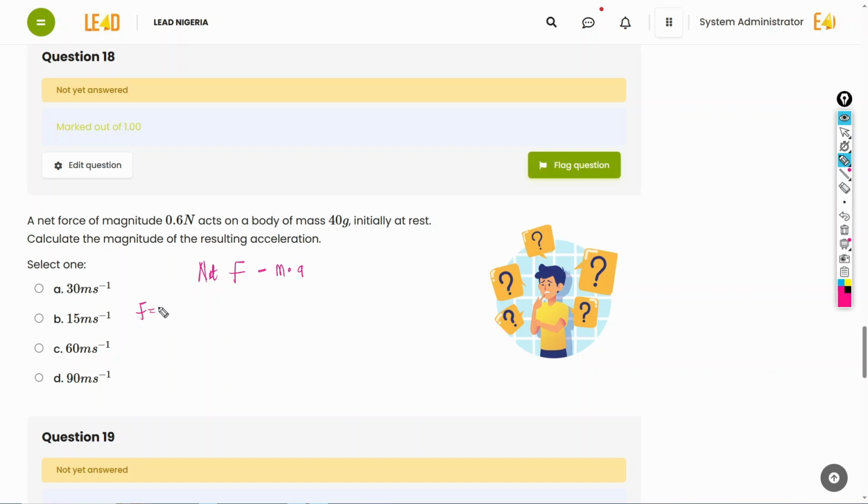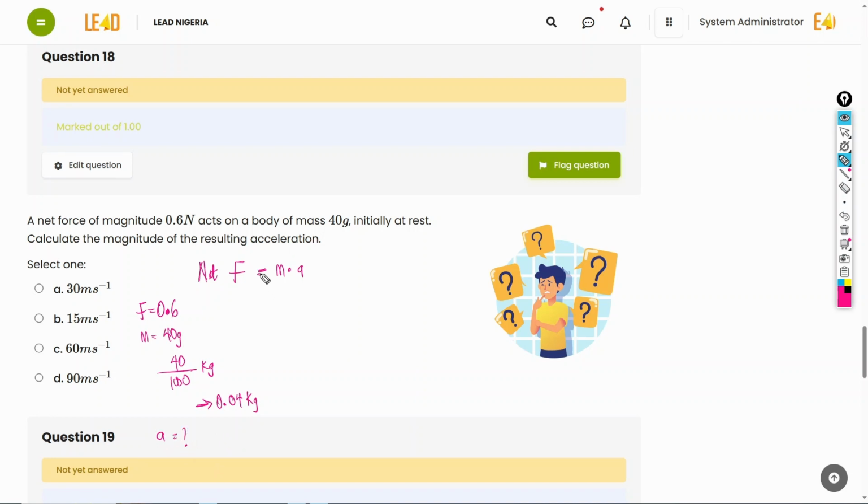Our F is 0.6. Our mass is 40 grams, which is 40 over 1,000 in kilograms, which is 0.04 kg, and we are looking for our acceleration.